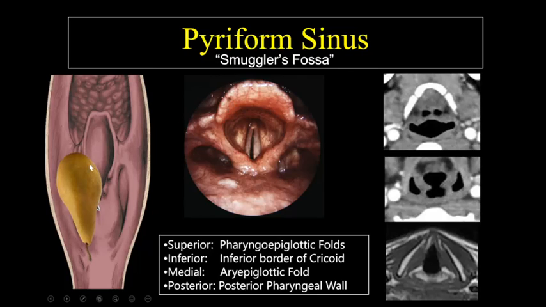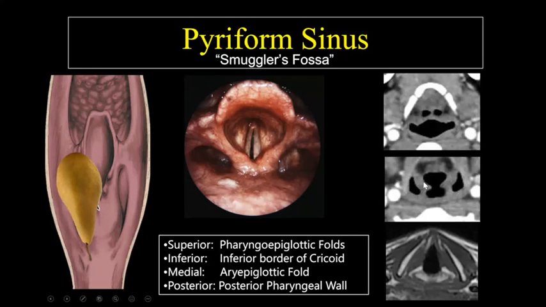So the piriform sinus is a pear-shaped structure that starts from the pharyngoepiglottic fold. Inferiorly, this pear gets narrower and narrower and eventually forms into a small little apex, which is referred to as the apex of the piriform sinus. So on the CT scan on the right, this is the most superior aspect of the pharyngoepiglottic fold. We can see the lateral aspect of the piriform sinus here.